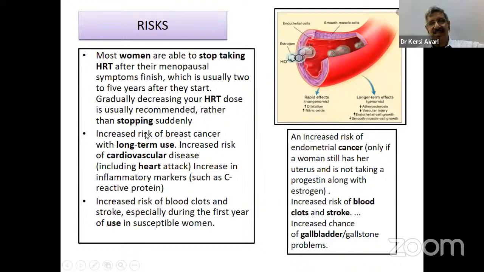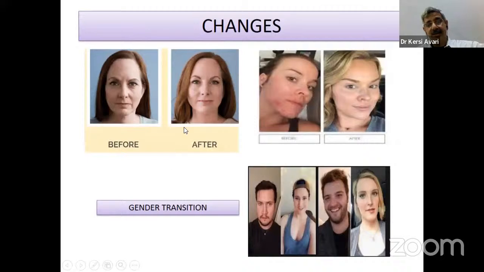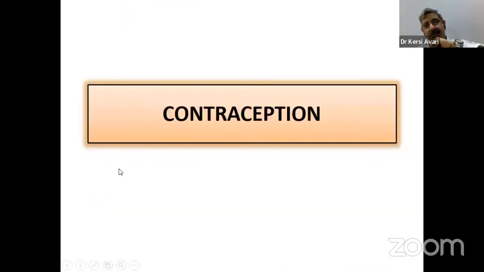There were reported cases of increased breast cancer with long-term use, cardiovascular damage, and an increase in the C-reactive inflammatory proteins. Well, some have used it for sex change also. Prolonged use will generally convert it because certain parts get altered. So gender transition is also possible.